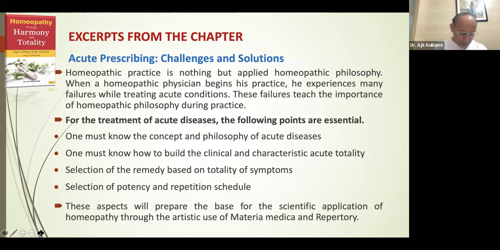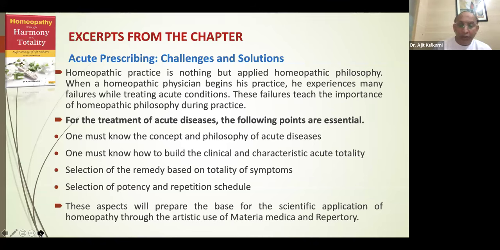So the results with acutes totally depend upon the experience, and that experience is good provided you know the philosophy. So how to build up the acute totality is a major challenge. So I have tried to present 4 modules of building up the totality.